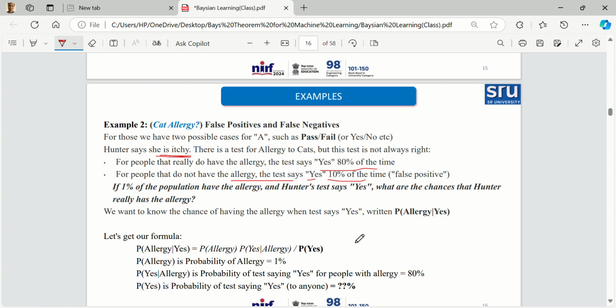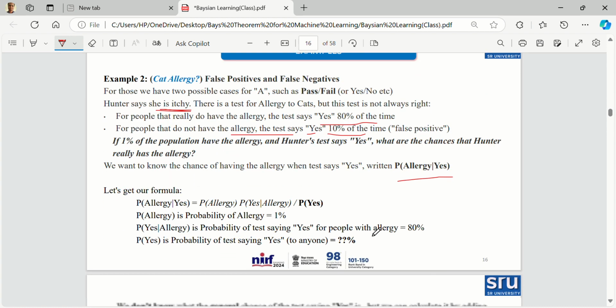Now we want to know the chance of having the allergy when the test says yes. Written as probability of allergy given Yes. Now go to the formula. Probability of allergy given Yes is equal to probability of allergy into probability of Yes given allergy, divided by probability of Yes.